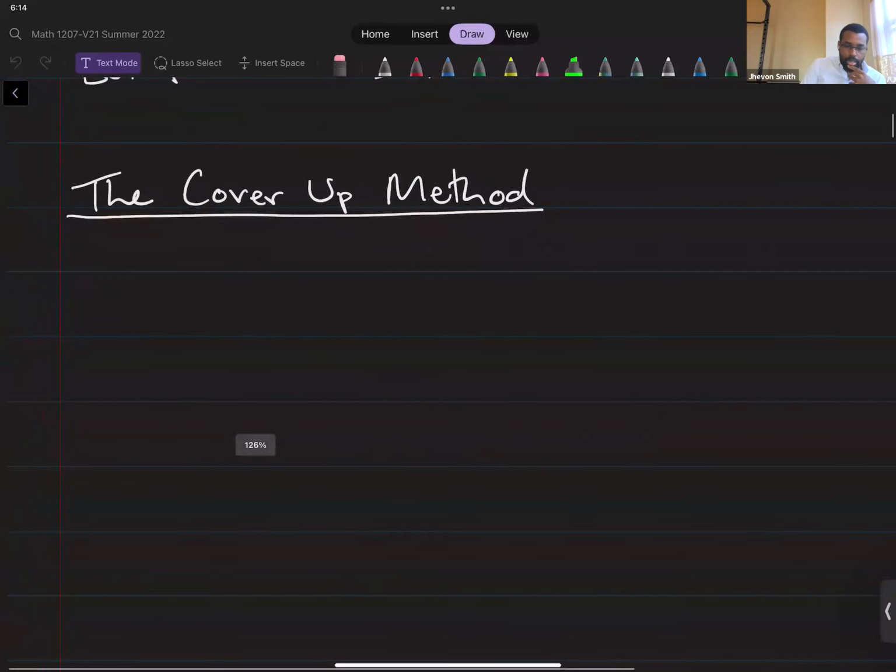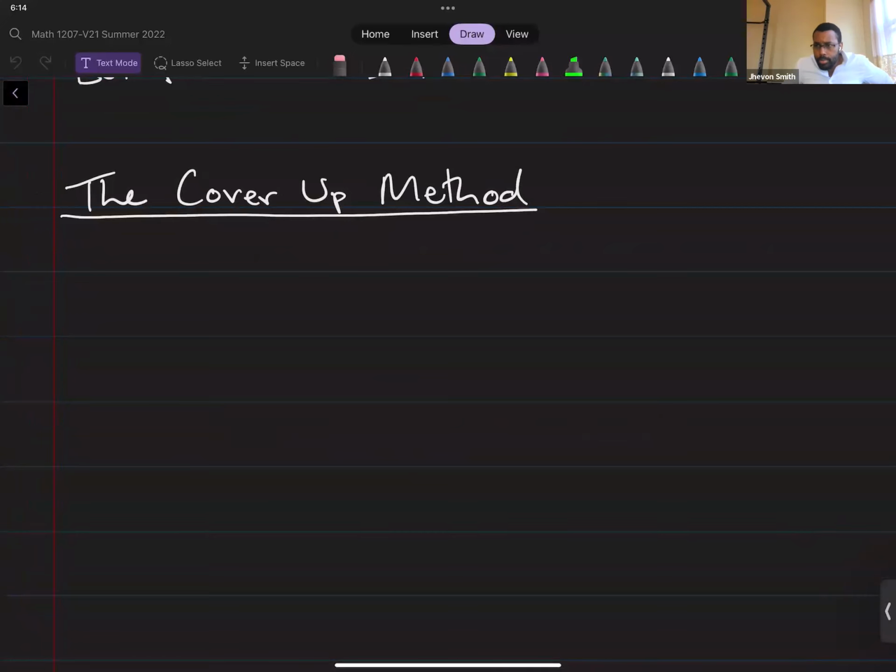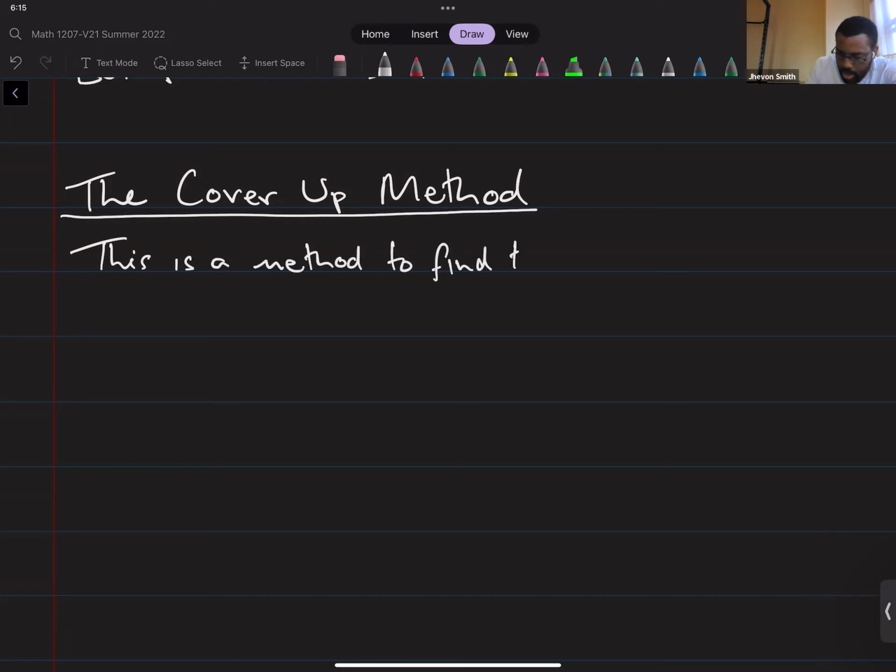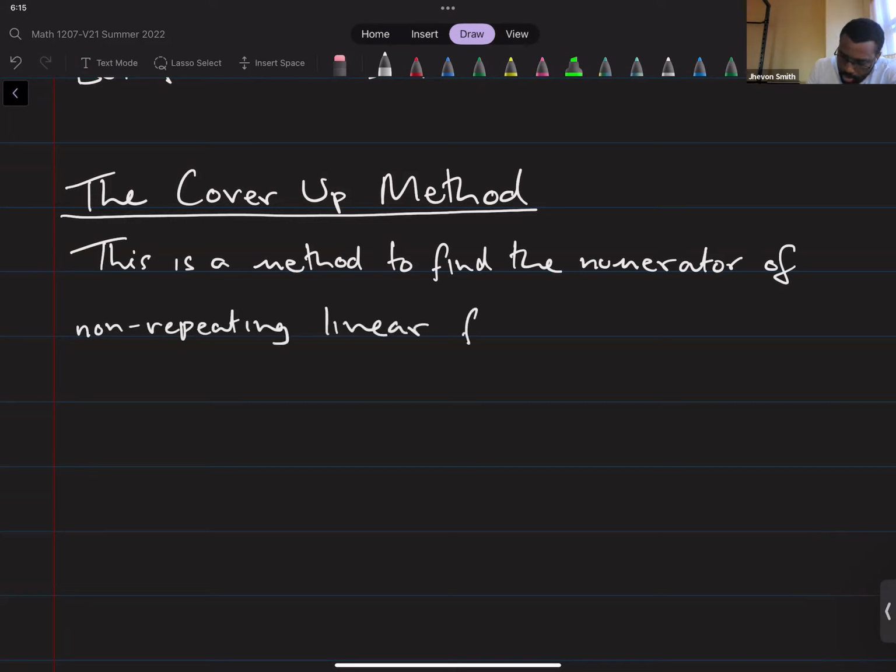So here is what the method is about. Let's talk about the cover-up method. This is a method to find the numerator of non-repeating linear factors.